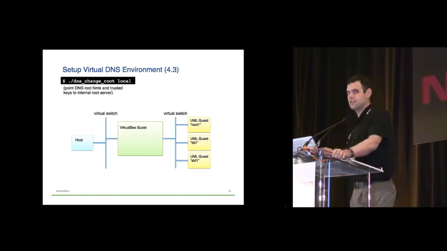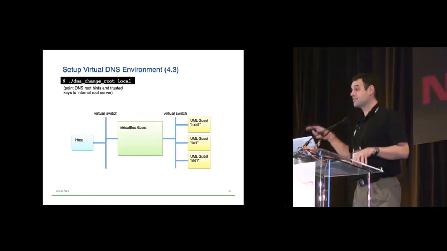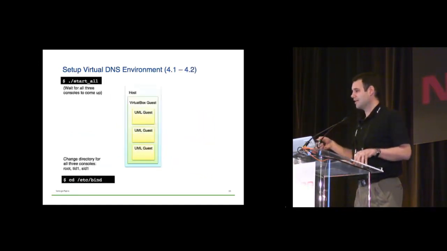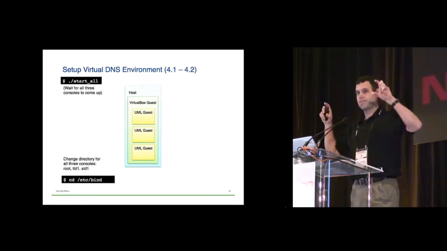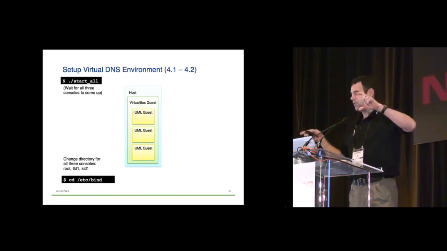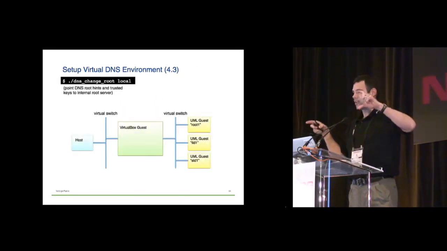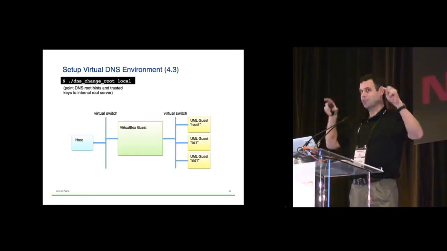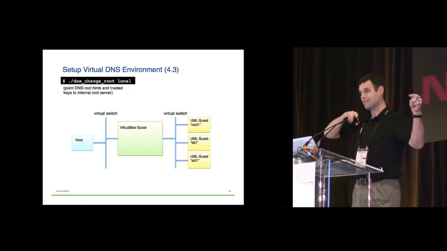No, sorry, let me be clear. Thank you for bringing that up. The cd etc bind is to be run in the terminals of root, TLD, and SLD. The DNS change root local is run in the other window that you've been working in.